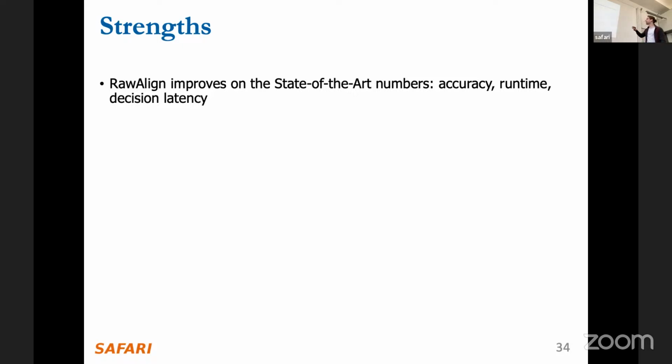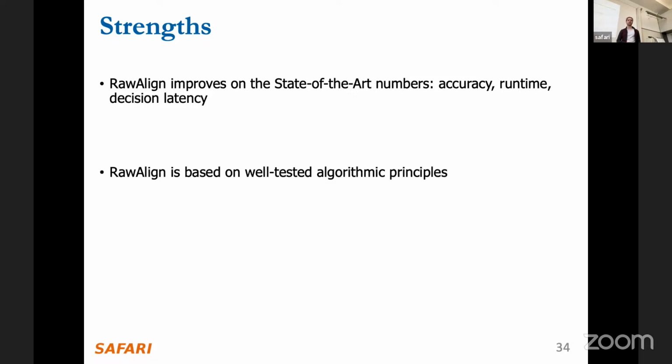First of all, RawAlign improves on state-of-the-art numbers, right? Accuracy, runtime, decision latency. That's really the key goal at the end of the day. It's also really nice that RawAlign is built upon well-tested algorithmic principles.